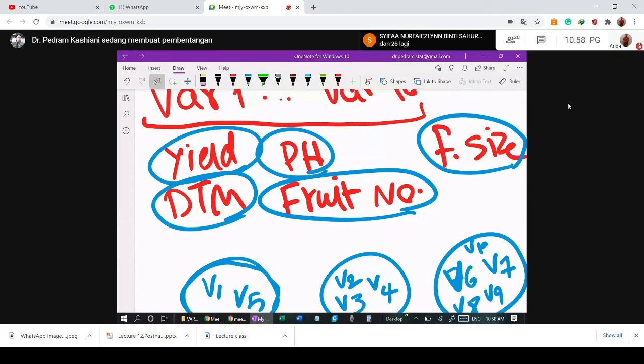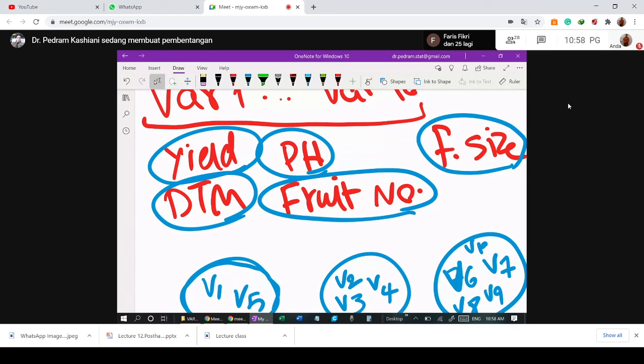Which one is imported, which one is local? I don't know. This is mixed. You find it. So in this way, I tell the software I want to divide these 10 varieties into 2 groups, so the cluster will divide it into 2 groups. So this is one principle.